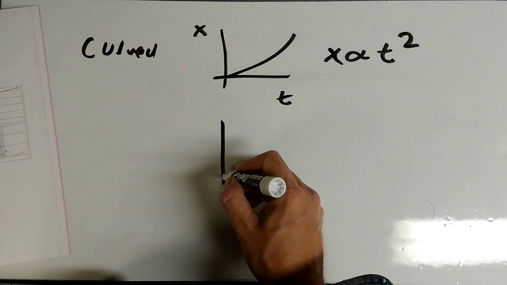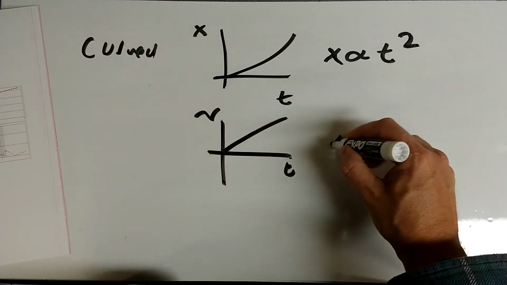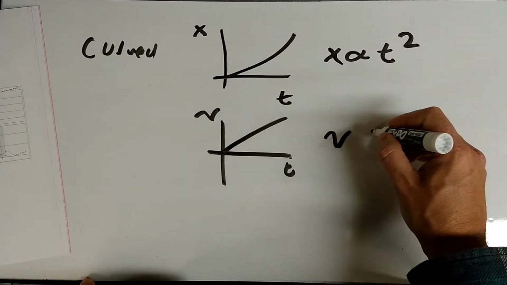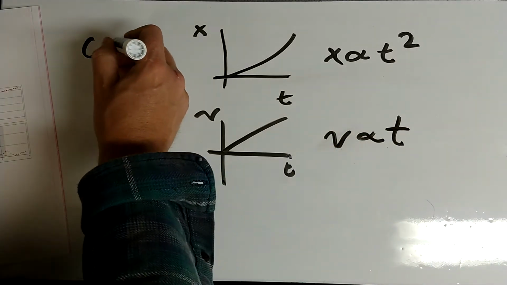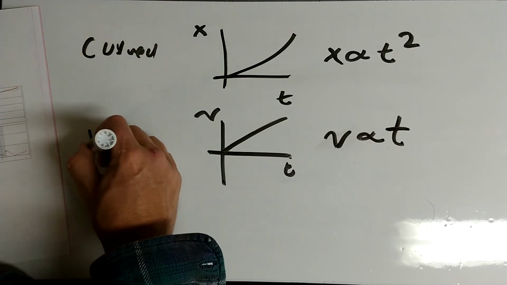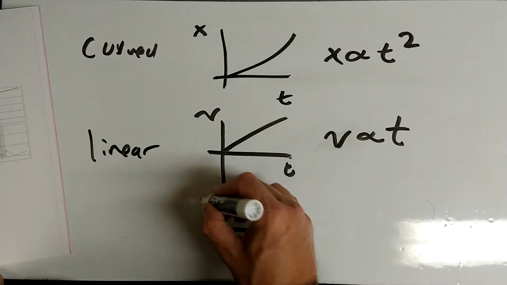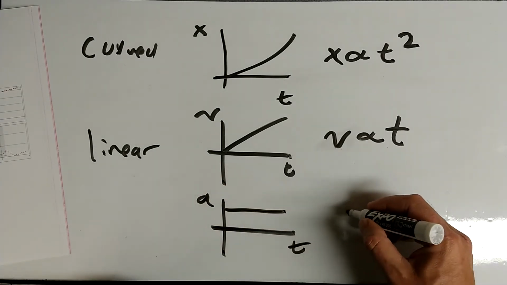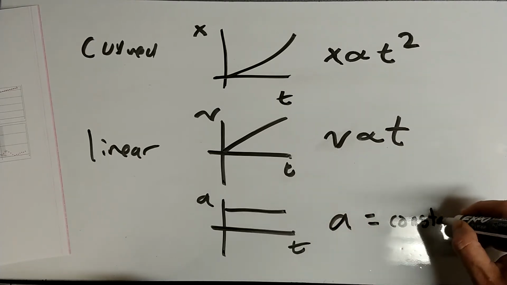Then what we saw was velocity was proportional to t. It was linear. Curved, linear. So sorry for the poor handwriting. And then that meant the acceleration was constant, or flat. So a was constant. All right?